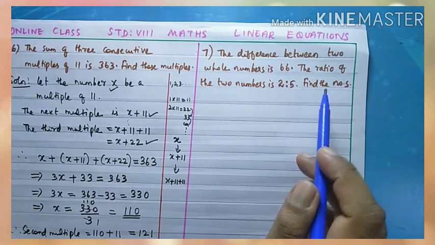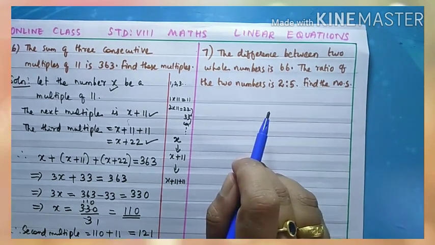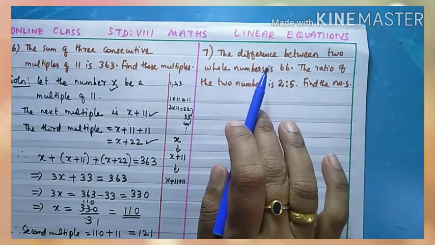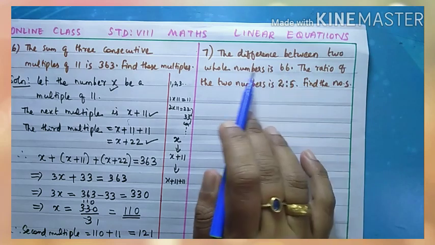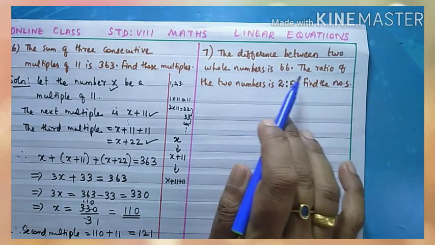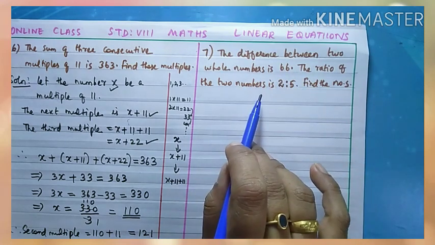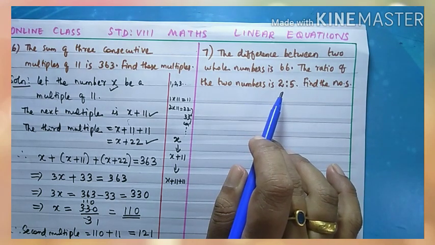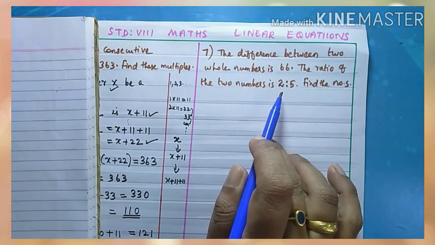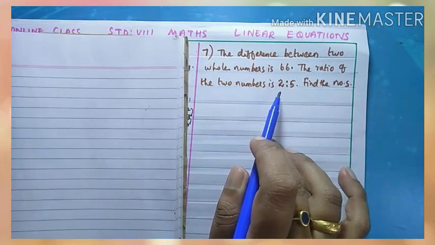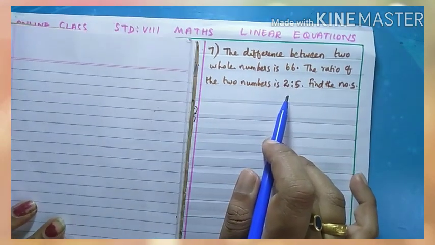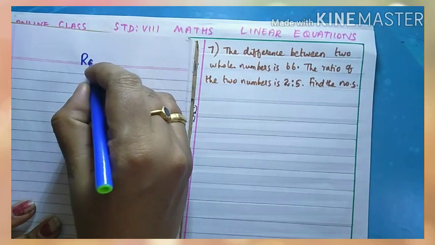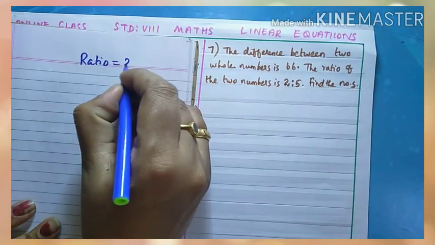Okay, yes. So how can you do this problem? So difference you know, that is one number minus another number, it is 66, you understood. The ratio of the two numbers, what do you mean by this ratio 2:5? Usually how you will say ratio? Yes, let us see this, just I am explaining. See, the ratio is given 2:5.